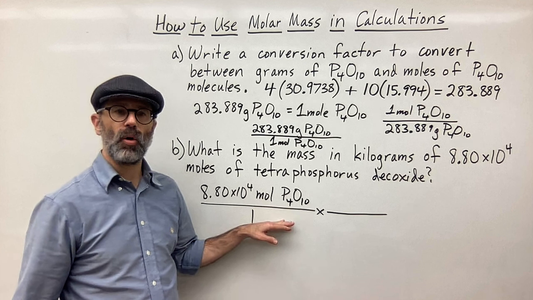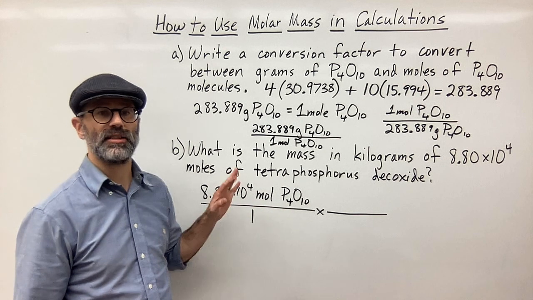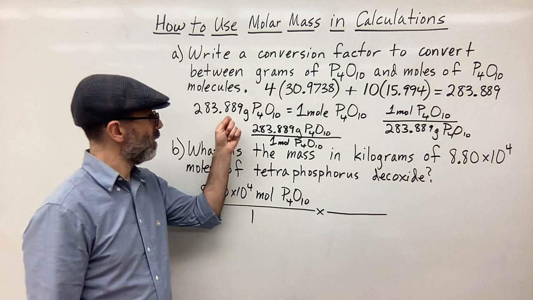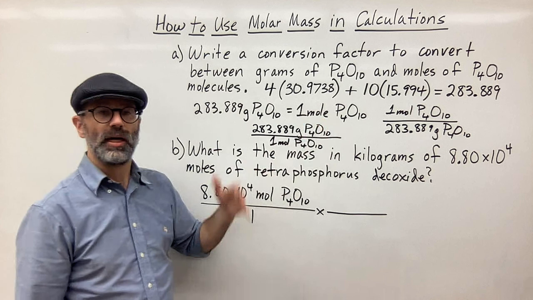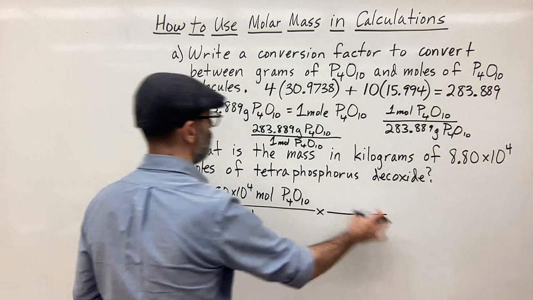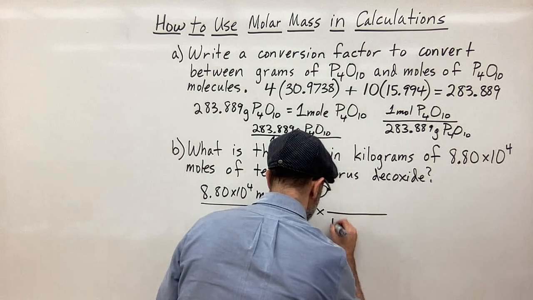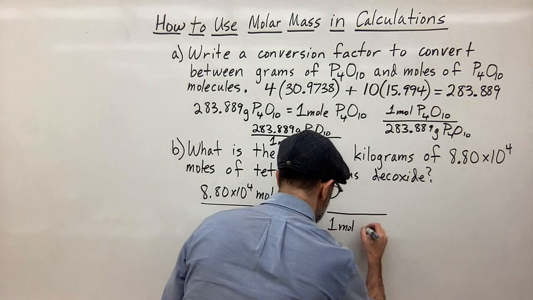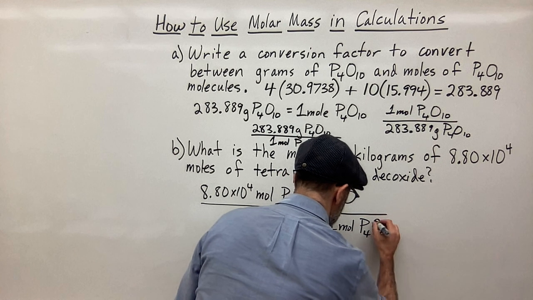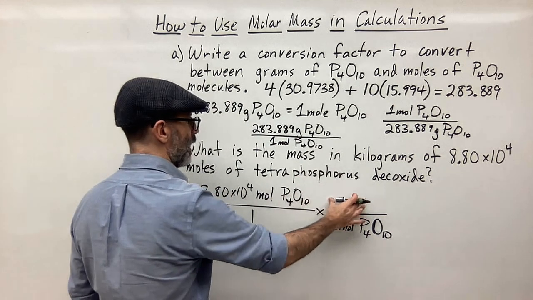So since they're giving me moles and I got to get to mass, the first conversion I have to do is using molar mass. I got to get to mass somehow. And since molar mass gives me a relationship between mass in grams and moles, I can use that. So since I have moles on the top, I'm going to put moles on the bottom. So 1 mole of P4O10 on the bottom, and then the mass, the grams, goes on top.